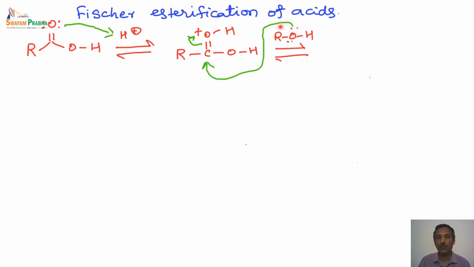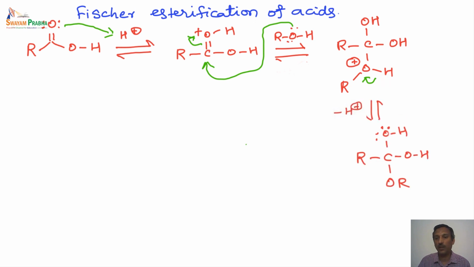So the lone pair of electrons on the oxygen from the alcohol is given to this carbon. So we end up with this kind of intermediate where the oxonium ion is present on the alcohol oxygen. This loses a proton to produce the corresponding intermediate as shown here.